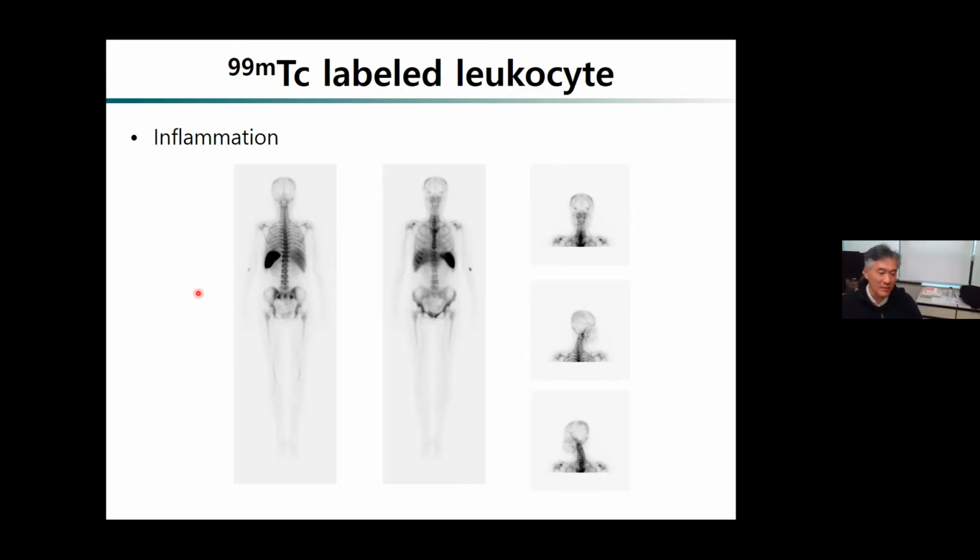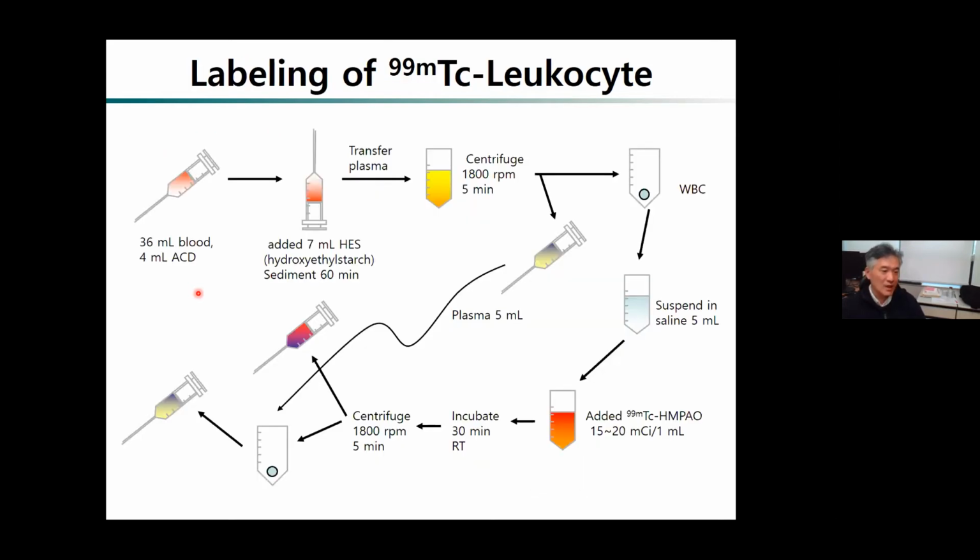So this is inflammation imaging with the technetium WBC scan. Just the same as with technetium RBC, we can label the WBC with technetium, and then we inject that technetium labeled WBC into the original patient.